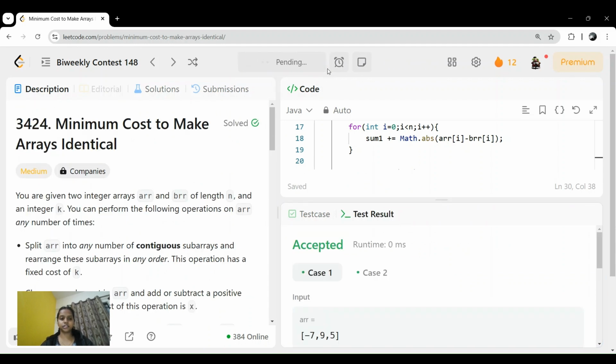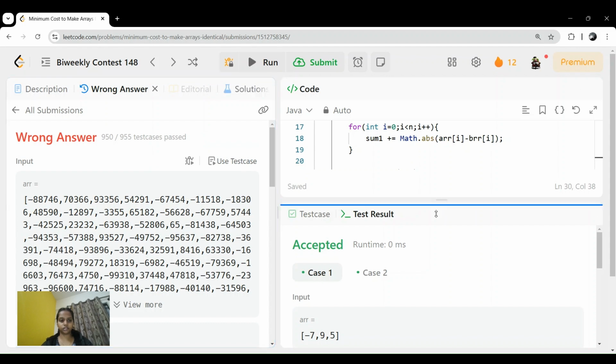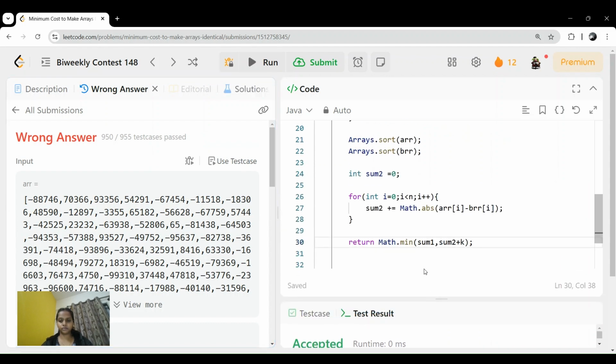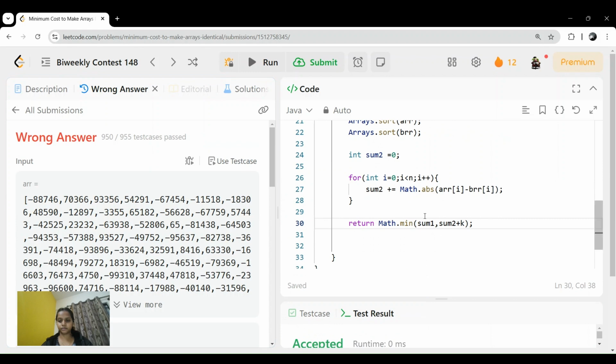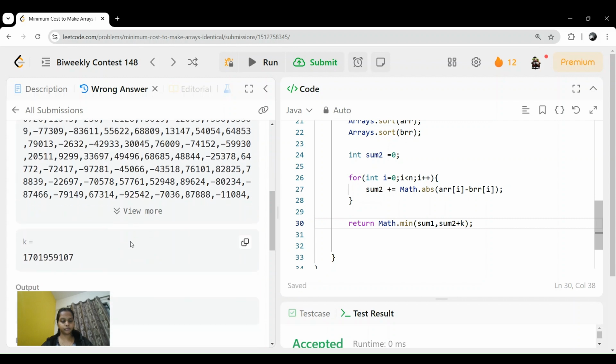Accepted. Let's submit this. Okay, wrong answer. Our output is wrong.